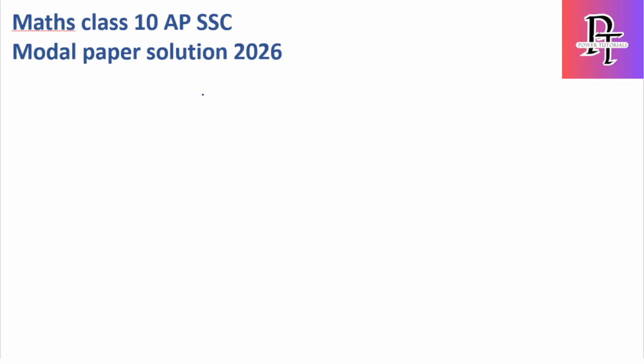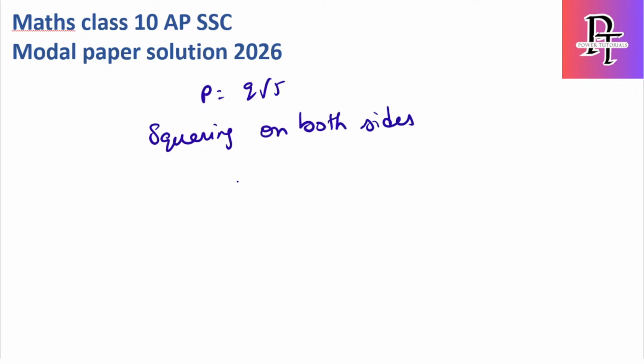Now if I do cross multiplication, I will get p is equal to q root 5. Let's do squaring on both sides. I will get p square is equal to q square into 5.